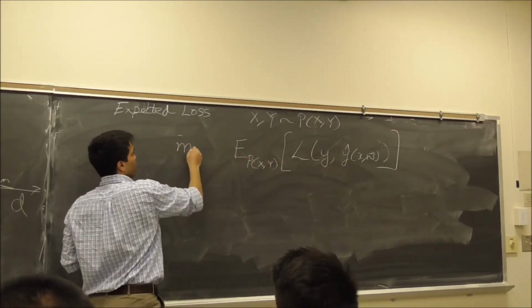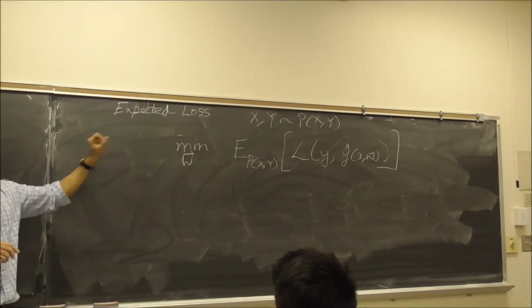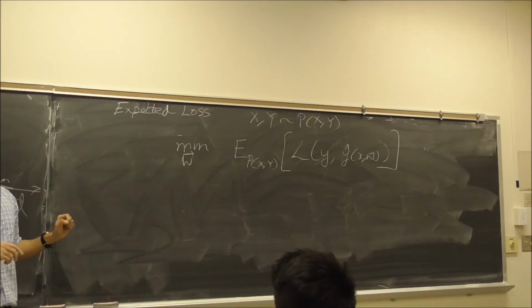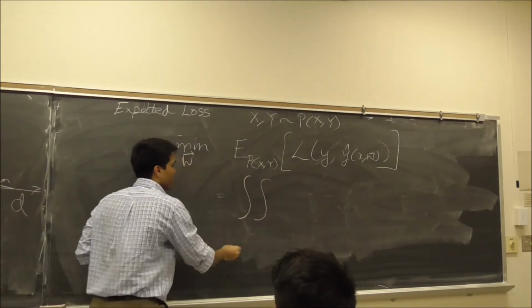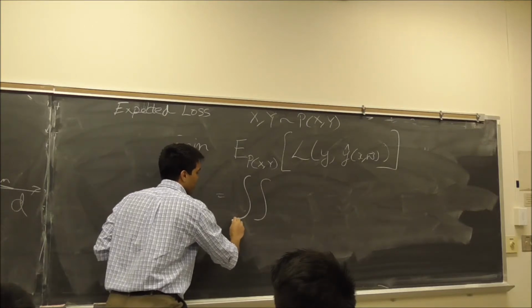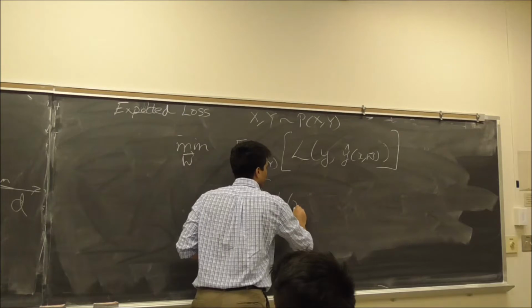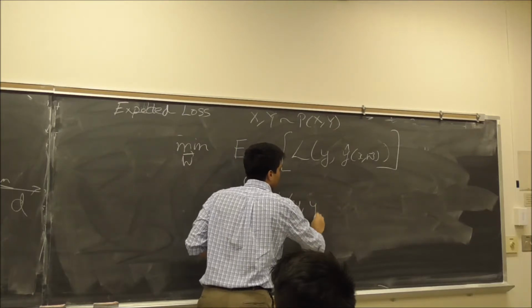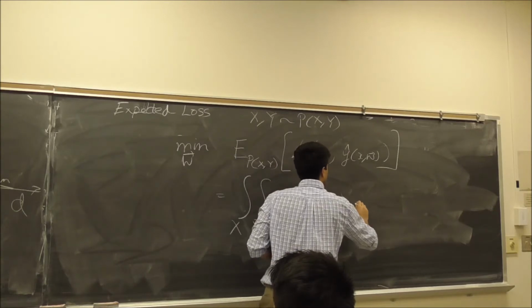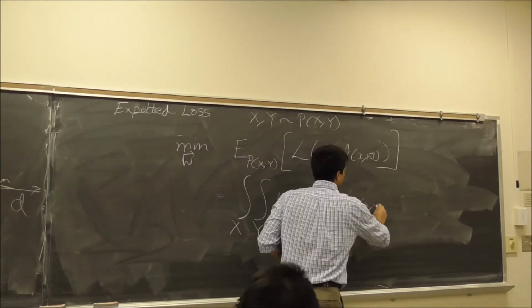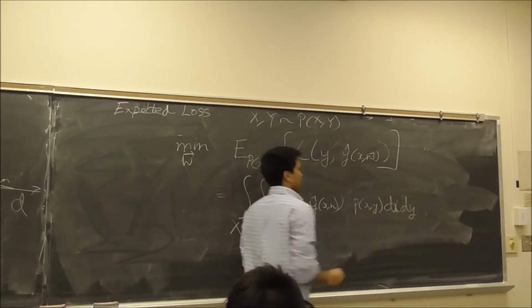Right? This is what we want to minimize over W. Right? We want to optimize this. And this is the same thing as saying, this is some fancy integral over the space of X, over the space of Y, of the loss of Y over Y hat of X over W, times dF of X and Y, times dx dy.